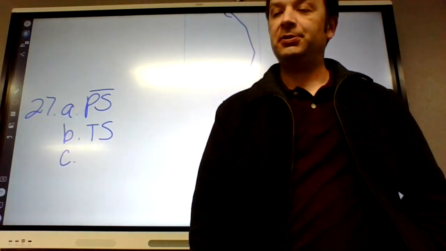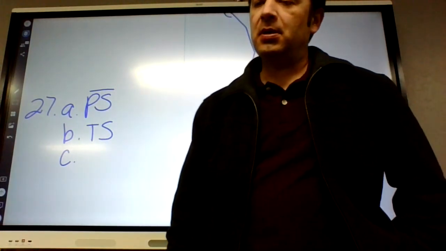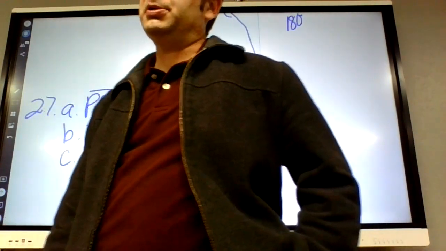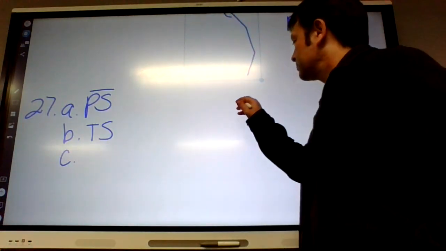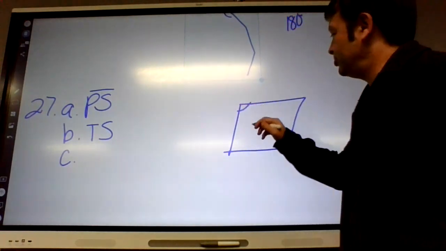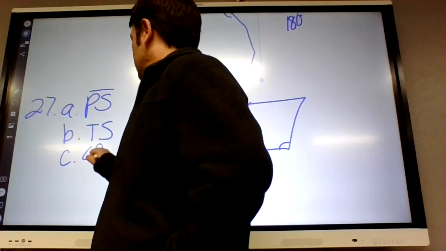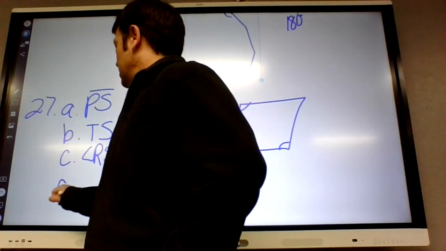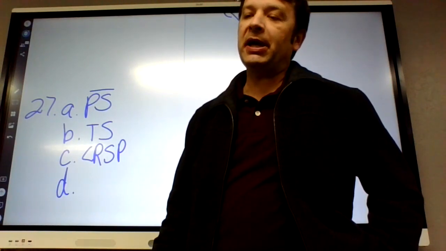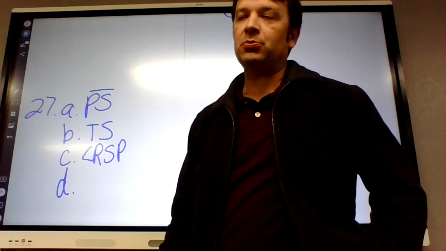That means they're cut into two equal parts. That doesn't mean the diagonals are congruent though. Okay, C, angle PQR is congruent to RSP. Yeah, the opposite angles. QPR is congruent to RSP, yes. Okay, D, angle QPS plus what equals 180?